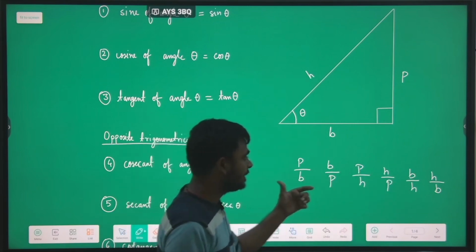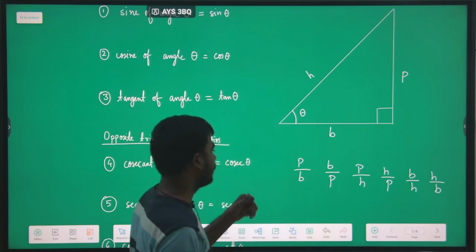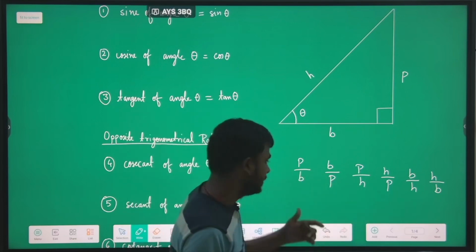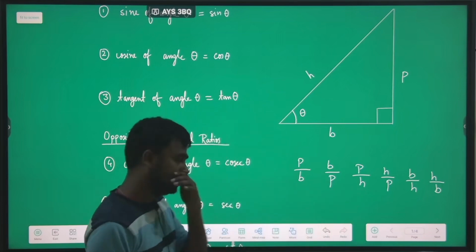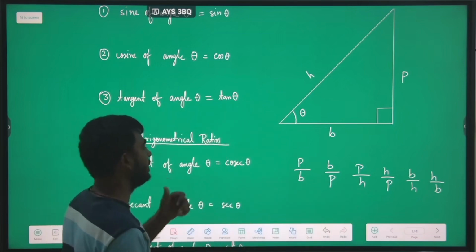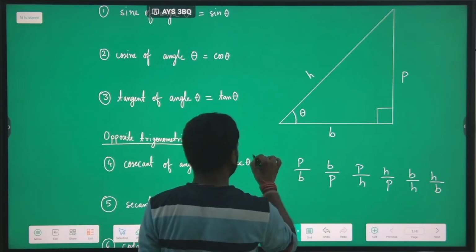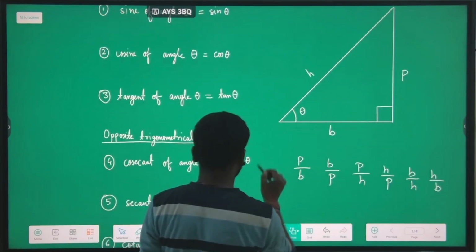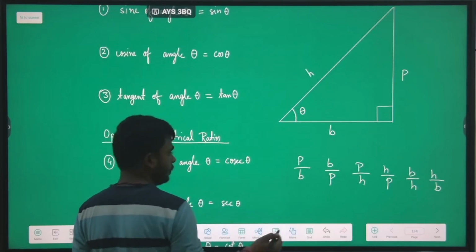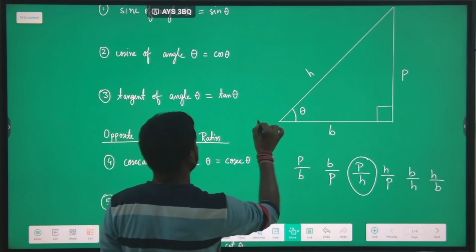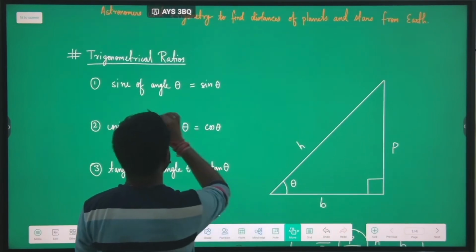For these six ratios, different names were given. The first name, given to P upon H, was sine of angle theta.